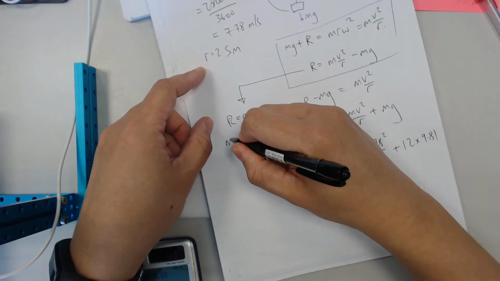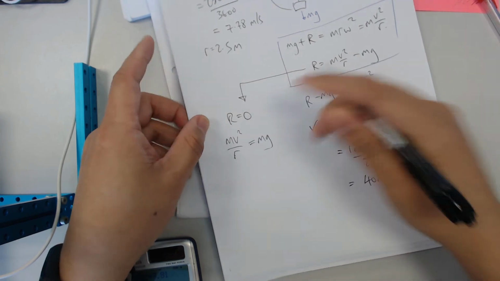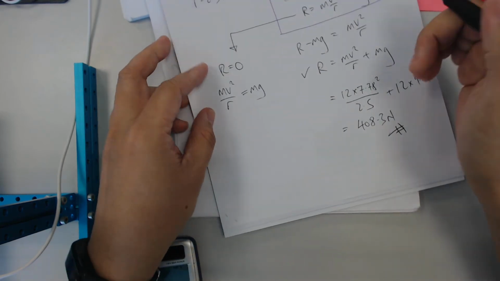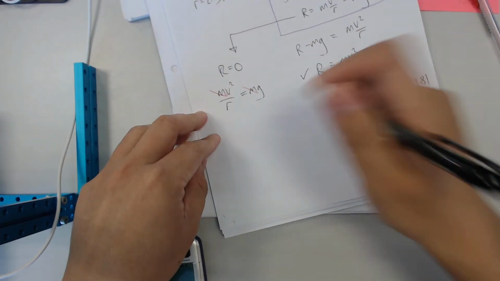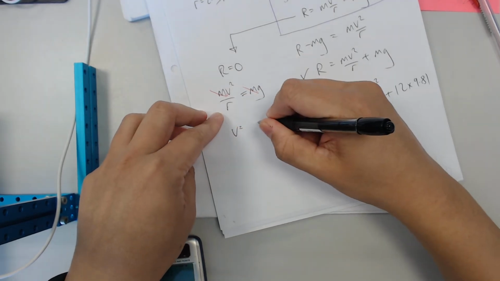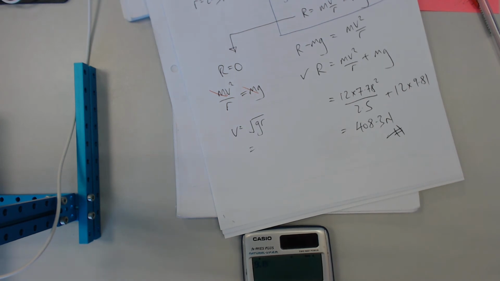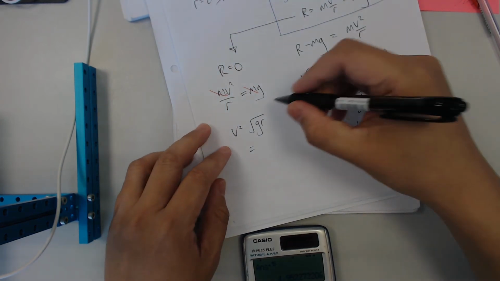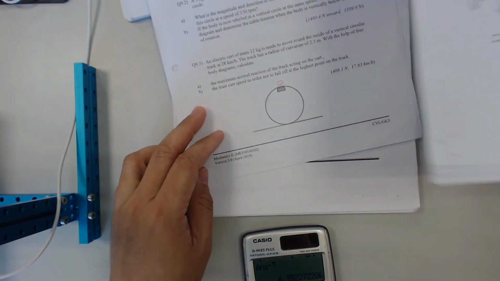So it means that mv square over r equals mg. Cancel away the mass. My velocity equals the square root of gr, which is 4.95 meters per second.